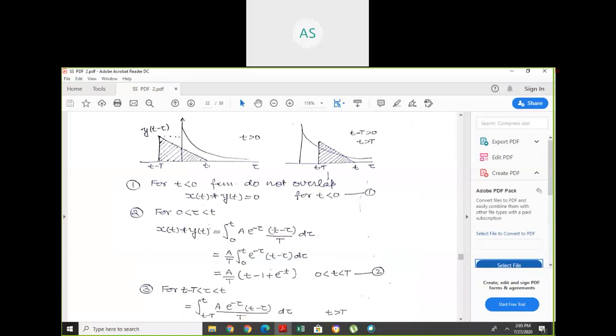Here this is the value of x(tau) and this is the value of y(t minus tau), where t is replaced by t minus tau. If we integrate this equation and substitute the limits, we get this final equation.